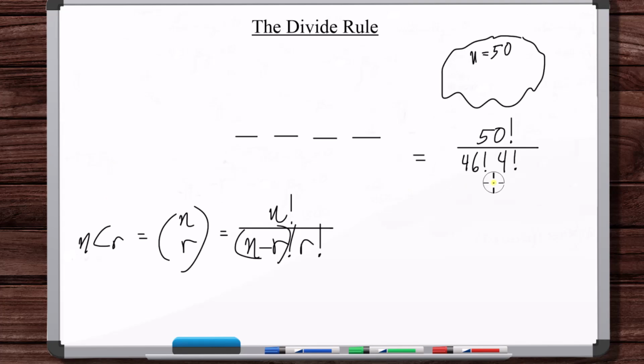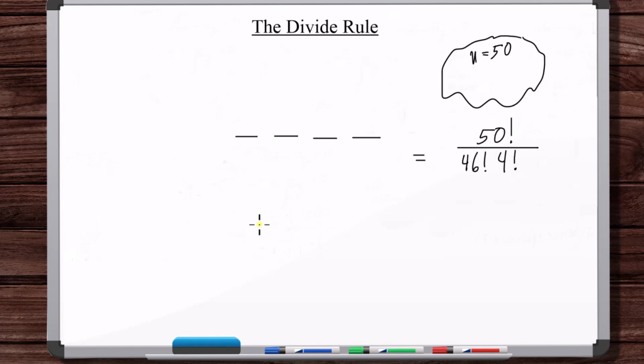Okay, but how does this work, though? Why does dividing by 4 factorial work? Well, okay, we can think about this, and this is actually going to be a little more intuitive for understanding the divide rule than the permutations case.